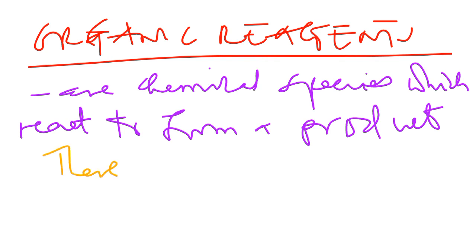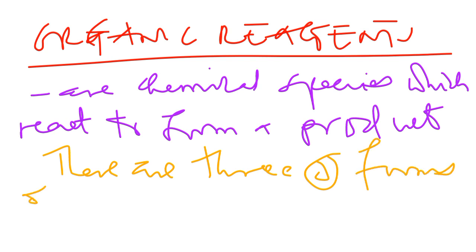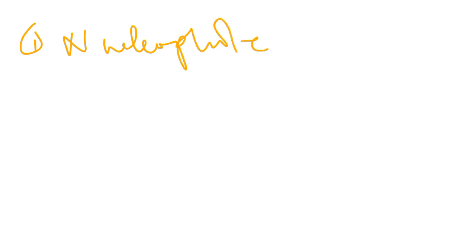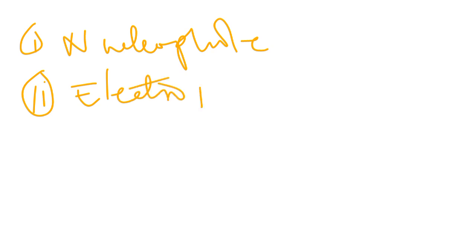There are three forms of organic reagents. For these three forms, we're going to look at the nucleophile, we're going to look at the electrophile, and also we're going to look at the free radical.